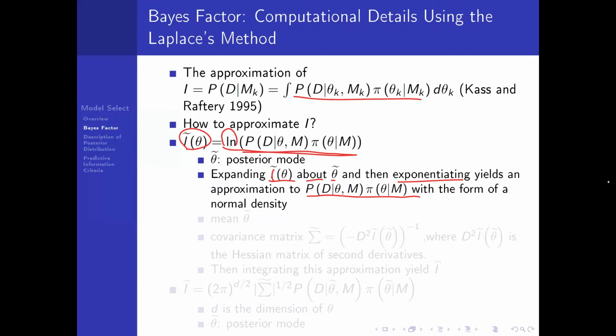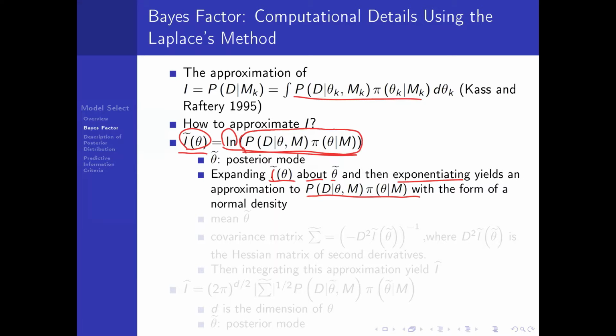Now, first we try to approximate this term by expanding log of tilde about theta tilde. Then we take the exponential function, because we have a log here. Then we're going to get back to an approximation of this term.